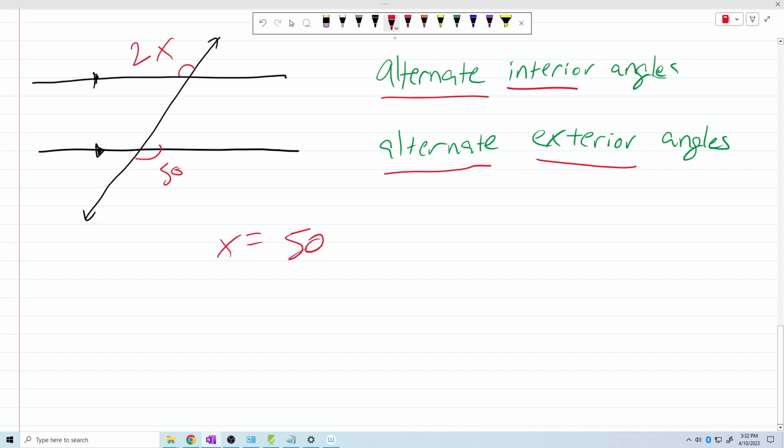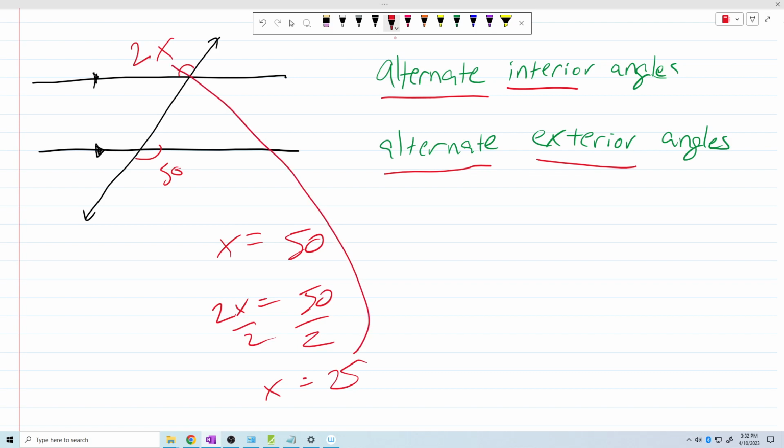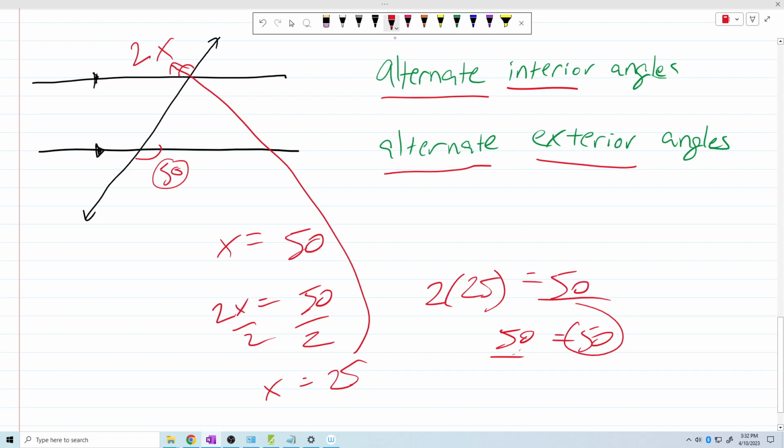Again, you can say this is 2x, 2x equals 50, right? You end up getting 25. Plug that 25 back in there. 2 times 25 equals 50. 50 does in fact equal 50. Everything checks out. This 50 is the same as this one, and this one, and this one. They all check out. Everything's good, right?